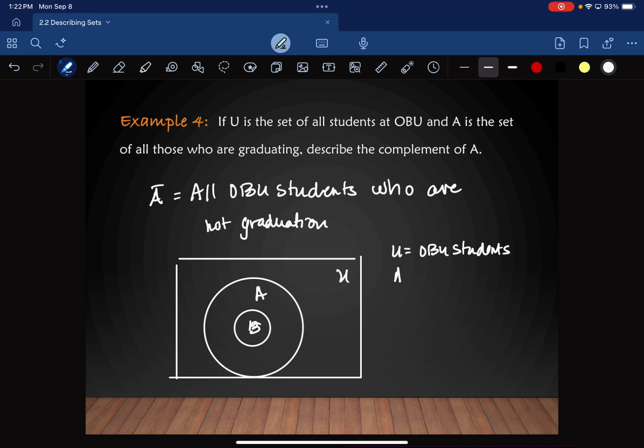What I meant to say is that A is those who are not graduating. Therefore, B could be the freshmen. So the freshmen are a category inside of everybody who's not graduating, and the ones who would be graduating would be this outer donut area that we talked about before, the complement. But it's just a category inside of a bigger category.